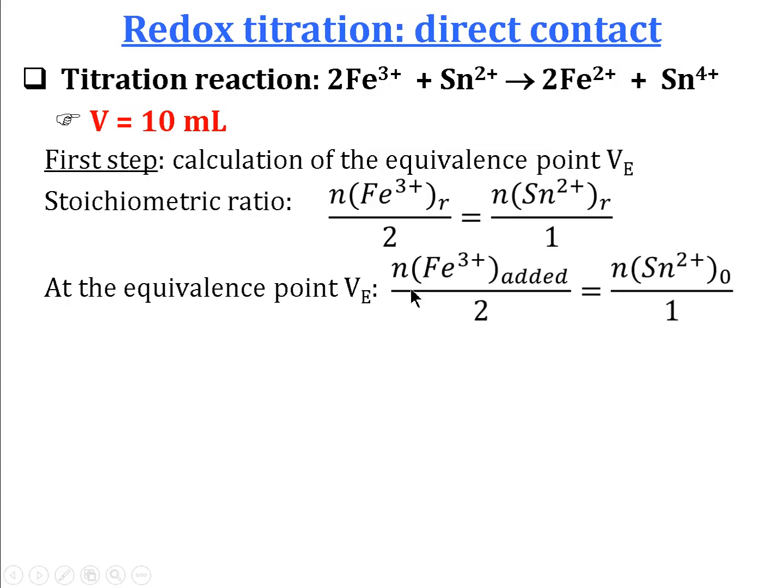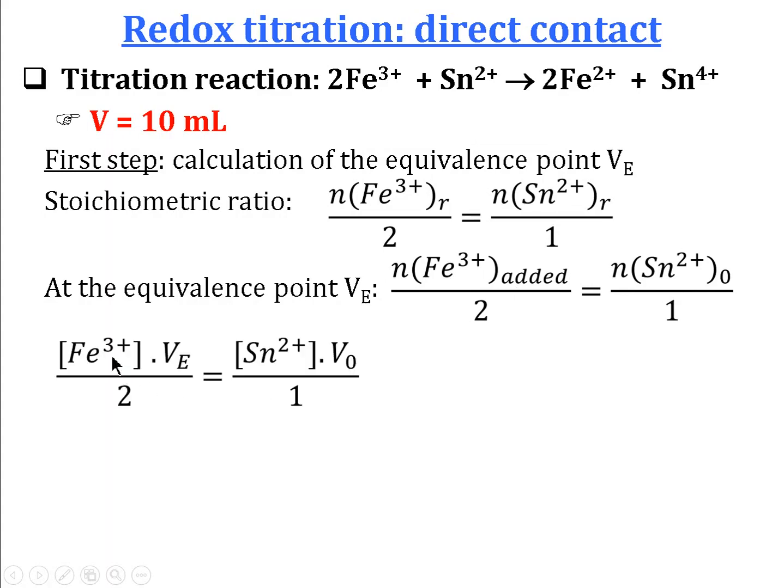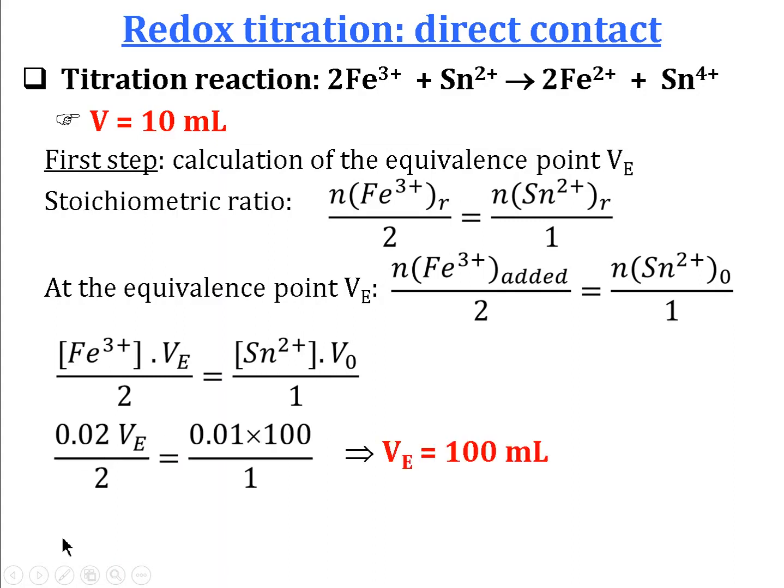At equivalence, all Sn2+ has been reacted, so the number of moles of Sn2+ initial divided by 1 equal the number of moles of Fe3+ added at equivalence divided by 2. So Fe3+ times VE divided by 2 equal Sn2+ initial times V0 divided by 1, and therefore we calculate the equivalence point, which is 100 ml.